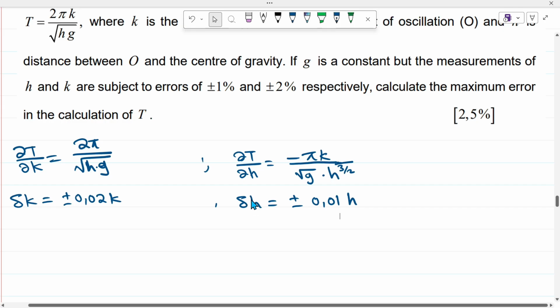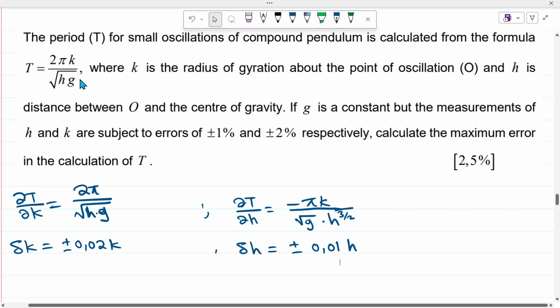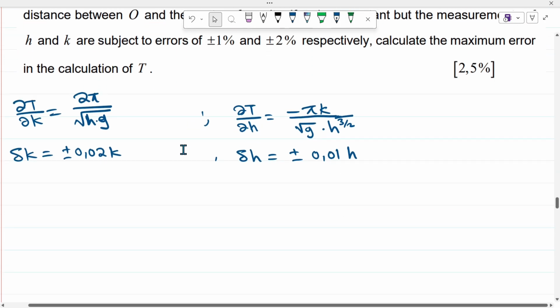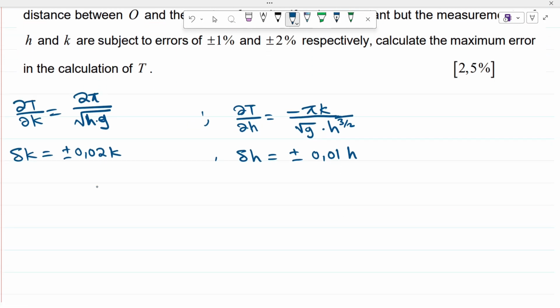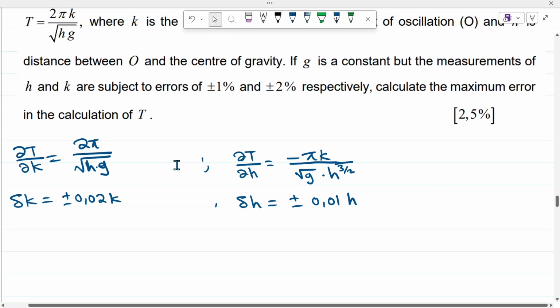Makes sense? So yeah, now let's write our maximum percentage change error formula with regards to this equation. Okay, let me also reveal the formula.